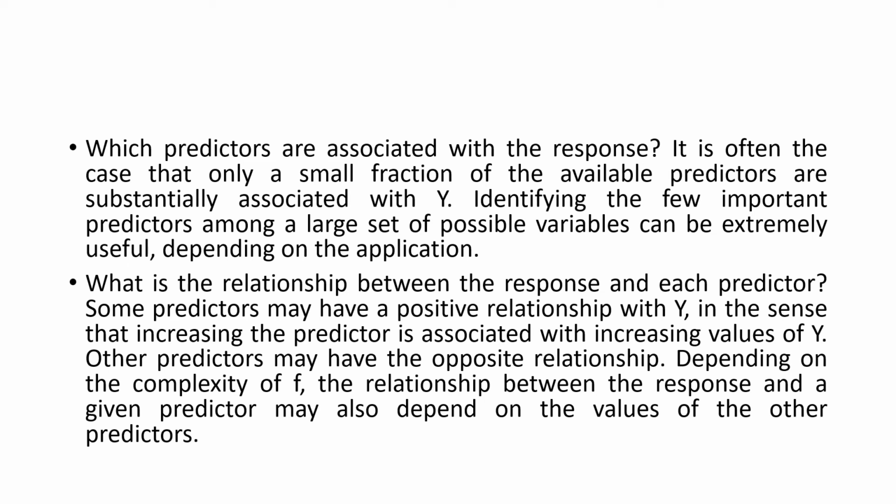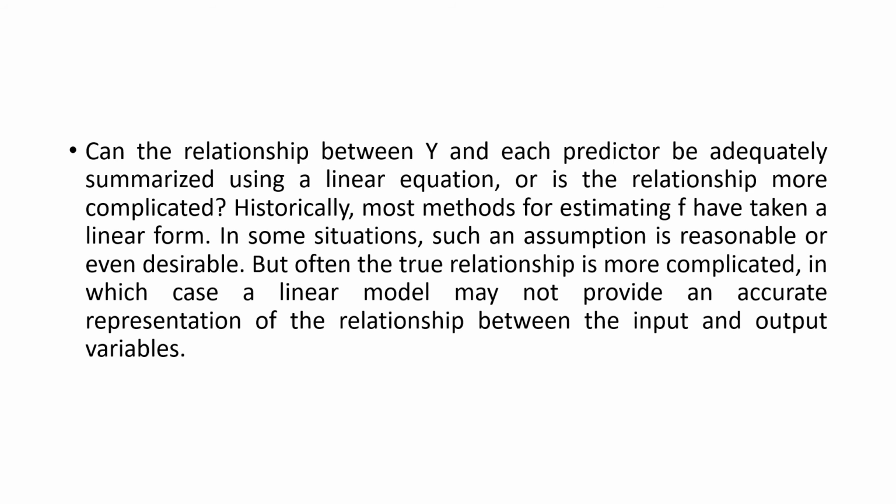Other predictors may have the opposite relationship. Depending on the complexity of f, the relationship between the response and a given predictor may also depend on the values of the other predictors. Can the relationship between Y and each predictor be adequately summarized using a linear equation, or is the relationship more complicated?